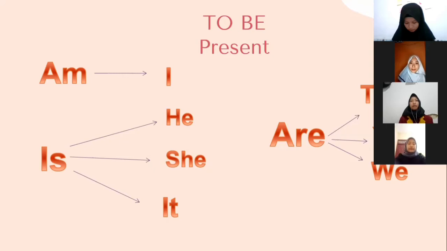To be am is used for the single first person, for example, I. And then is is used for the third single person, for example, he, she, and also it. And then to be are is used for plural, for example, they, you, and also we.